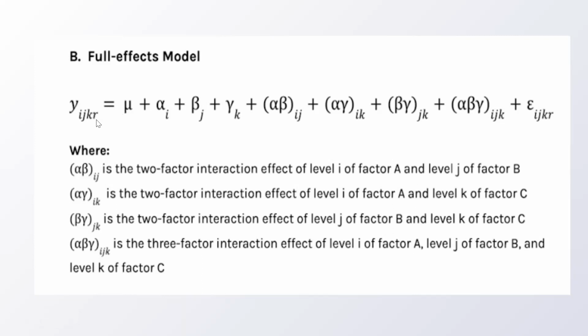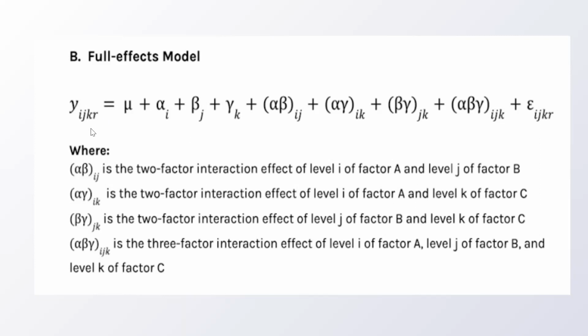Yung r po dito is parang there are ijk levels on each factor, and yung r is the number of values in a single cell. So, parang kanina, kaya ijk lang siya kasi yung laman ng cells natin is iisa lang yung value. Ngayon, hindi na lang iisa. There are R values in a single cell.